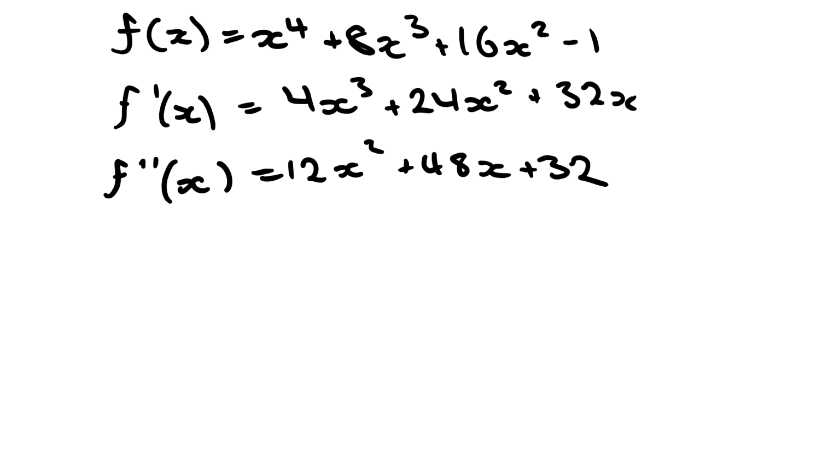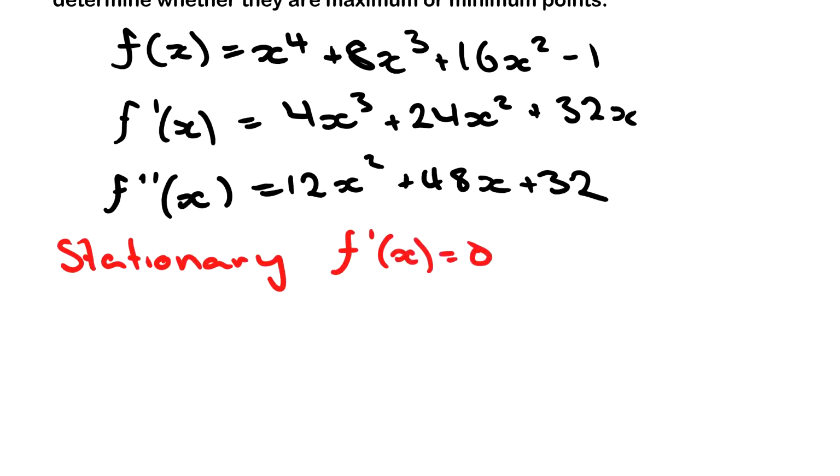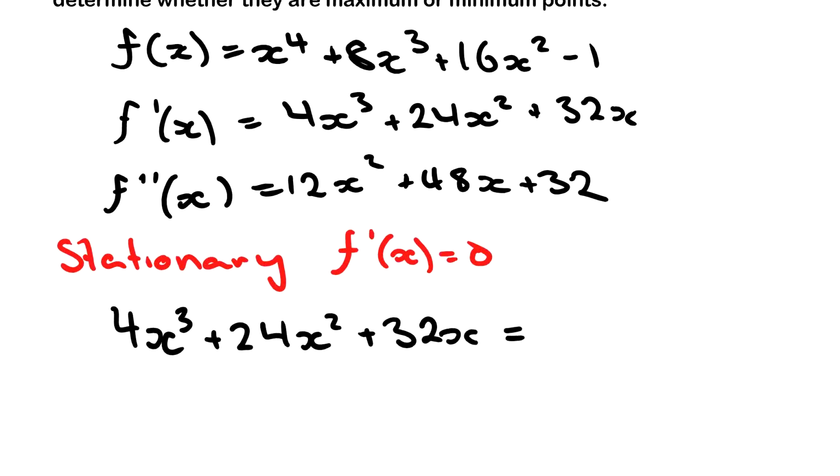Now that we've got each of these, we go back to the first derivative, and remember, stationary points occur when that first derivative equals 0. So we can write 4x to the power of 3 plus 24x squared plus 32x equals 0.